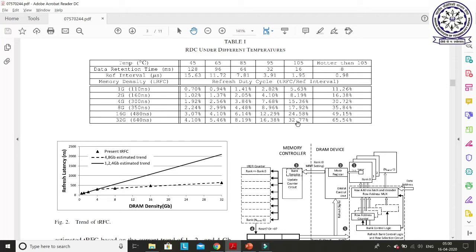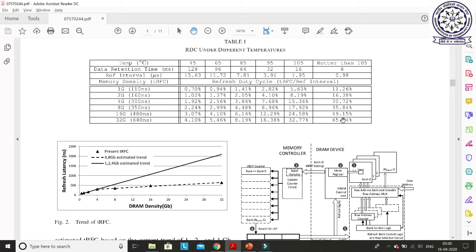That means in each refresh interval, 32% of the time you cannot do any normal read write operation. So I hope you can understand the overhead of refresh with the increase of temperature. If it is more than 105, then 65% of time, or more than half the time, is wasted just to refresh the rows.